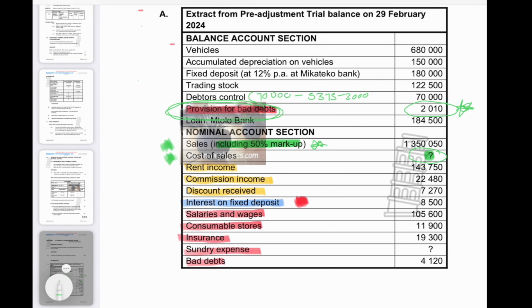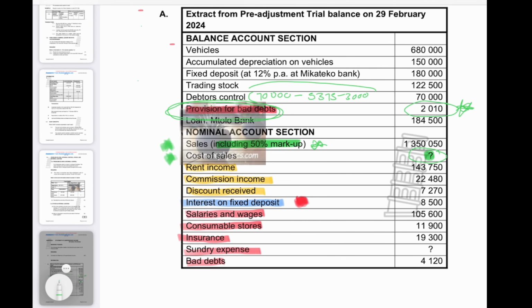Okay, so if now when we calculate the 4% and it is less than the provision for bad debts we had put at the beginning of the year, it means now we got more money back from our debtors than we had anticipated. So it means we must now reduce our provision for bad debts, and that will be an income. So let's calculate the 4% of our total debtors. Okay, so this is where the debtors control comes in.